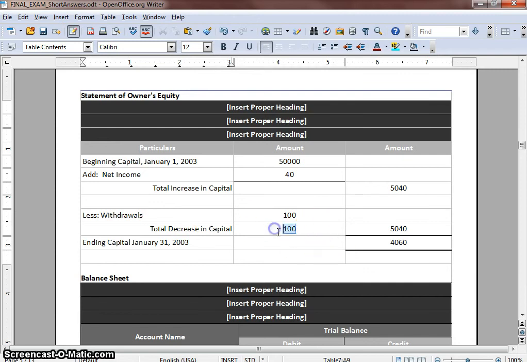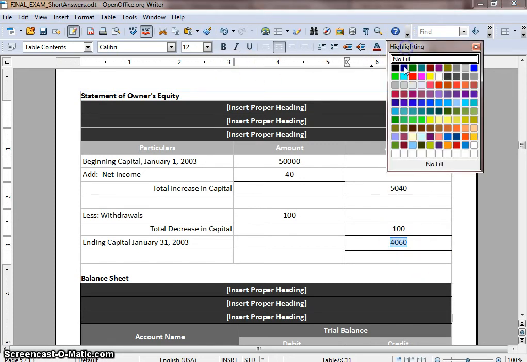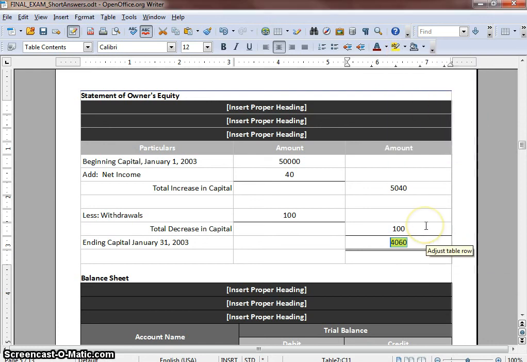So we don't need that $100 there. We just need it over here. So then we take our increase minus our decrease to get our ending capital, which I'll let you go ahead and redo the math for that one. Just a little off there.